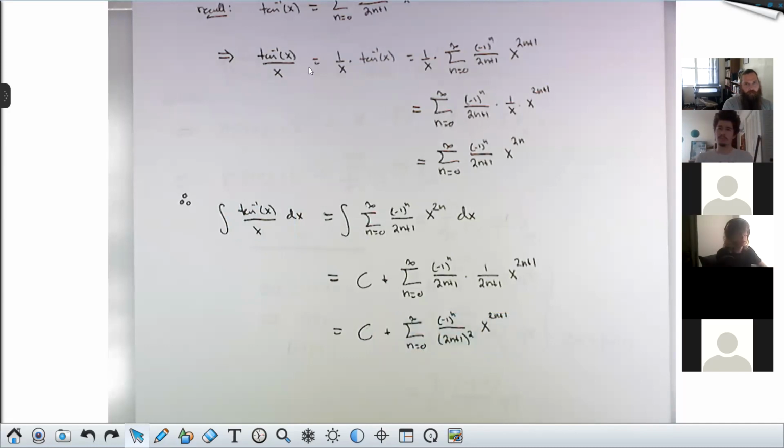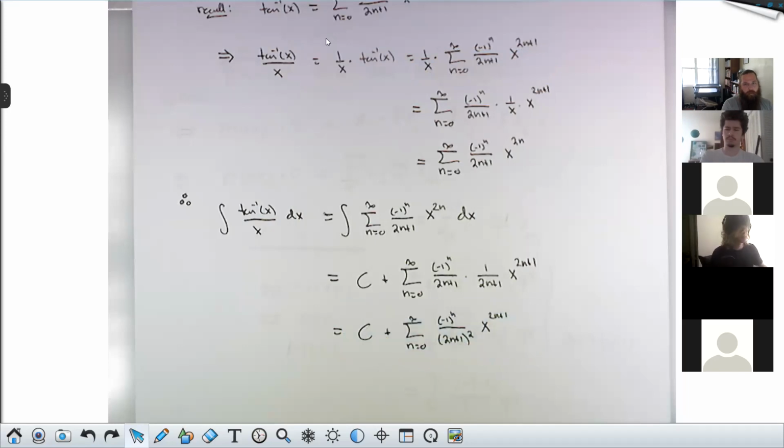Now the IOC for arctangent was the closed interval -1 to 1. You might ask, does dividing by x, does bringing this 1 over x into the series change the IOC? The answer here is no, but in general, you might be nervous. So it would not be unwise to freshly run the ratio test here, or at least examine what the IOC should be. I'll tell you it's the same. The IOC here is still the closed interval from -1 to 1.